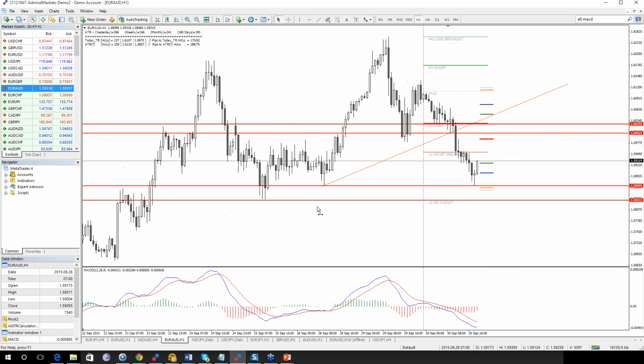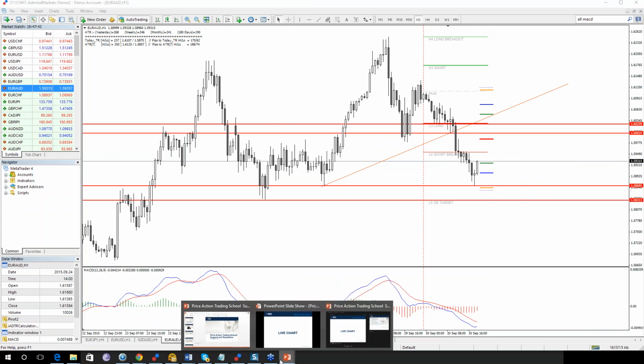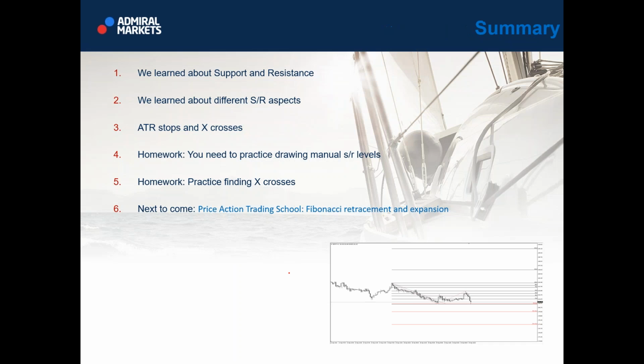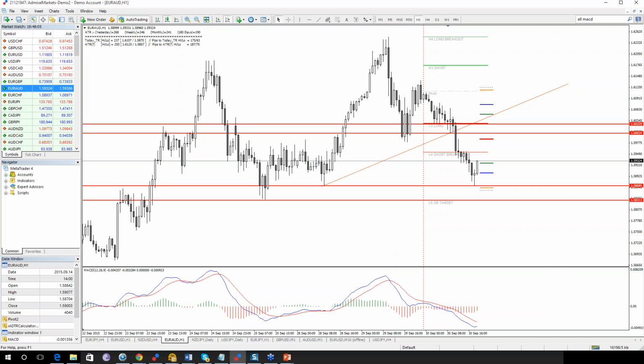Okay? So what did you learn today? You learned what support and resistance is. You learned that there are different aspects of support and resistance. Yes, morning star, excellent. Carolyn is saying there is a morning star there, and there is another confirmation here, indeed.